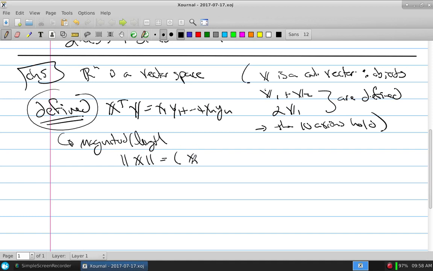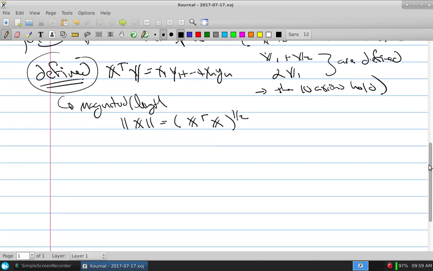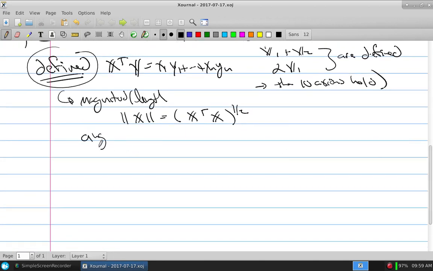It's just simply the scalar product with itself to the 1/2 power, square root. We could talk about the idea of angles, which was the cosine of theta was x inner product with y divided by the length of x divided by the length of y. And from that we have the Cauchy-Schwarz inequality and being able to do projections and all this other sort of stuff that just came along with the fact that this was defined.